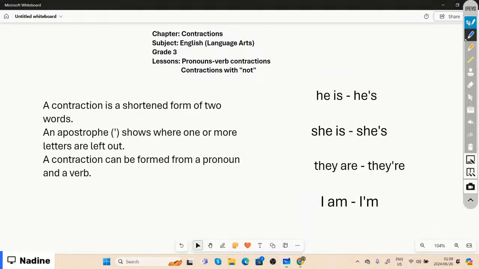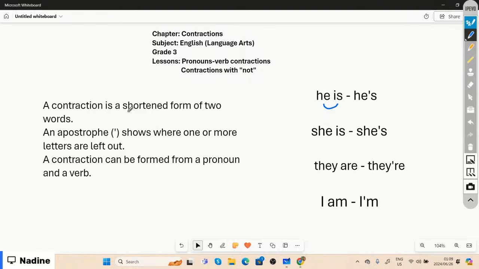So our contraction is two words, but it is shortened. We shorten those two words by adding an apostrophe to show where we leave out one letter.